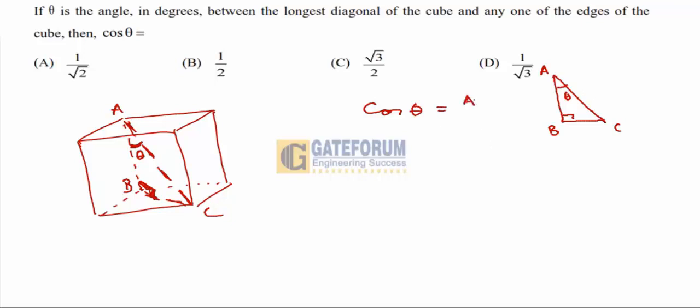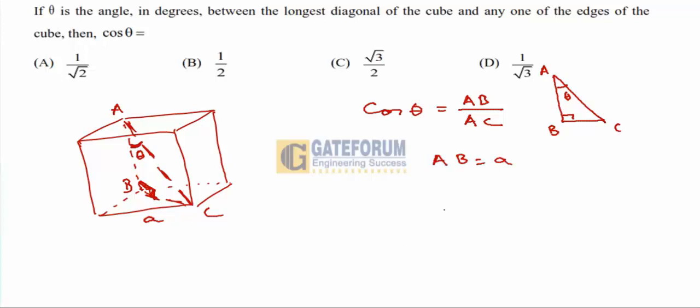So that would be equal to AB divided by AC. Now, since this is a cube, let us suppose that the side is A. So all of the sides are A, so AB is also A. Now what will be the longest diagonal?